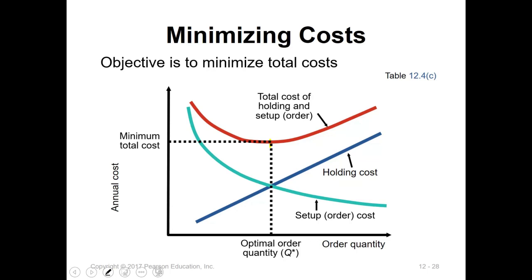And this Q star is at the point where the two individual costs, the holding cost and the setup cost, are exactly the same. So this is the point where you can find the optimal order size that makes your total cost minimum. This is the point we are looking for.